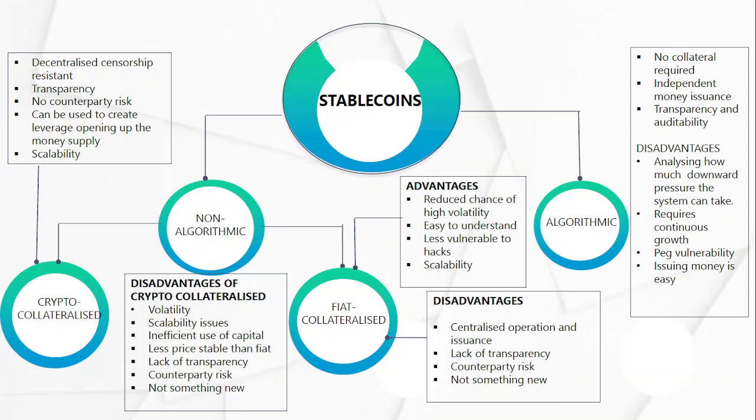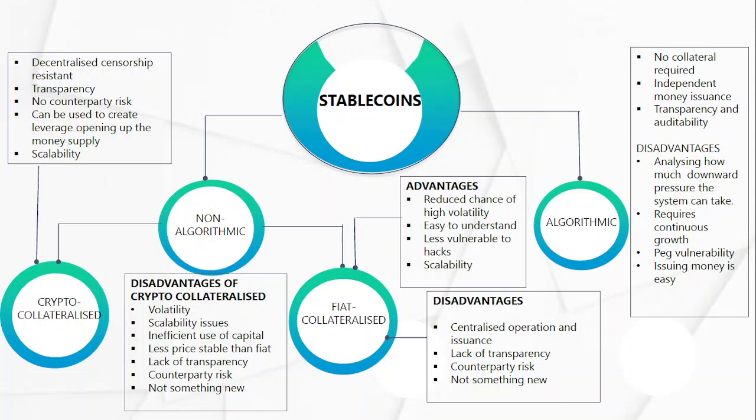Through contraction and expansion of the supply, they maintain the peg and the stability of the stablecoin. In terms of advantages, there's no collateral required. It's transparent and auditable, and it brings the same benefits as crypto collateralized stablecoins. I forgot to mention that an example of a crypto collateralized stablecoin is DAI.